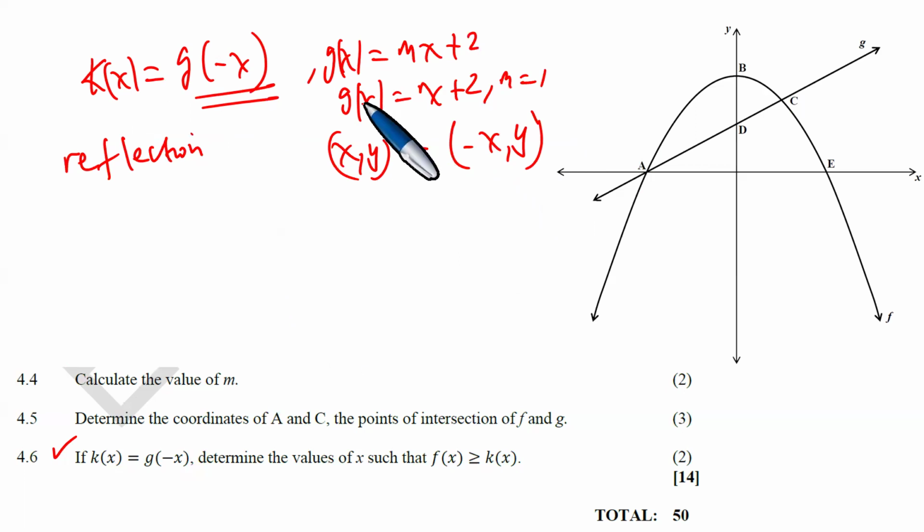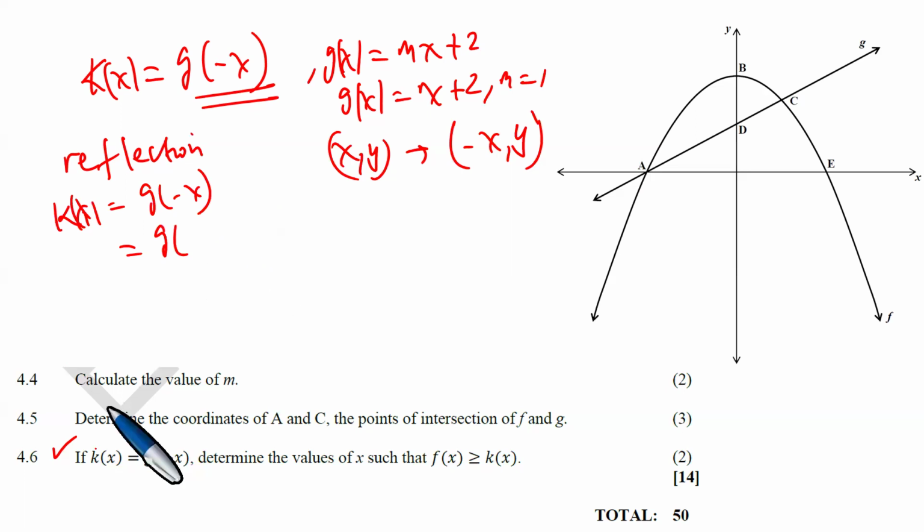So if g is like this, we have that k of x is g of minus x, but g of x is x plus 2, so this is going to be minus x plus 2. Just bring it down here.